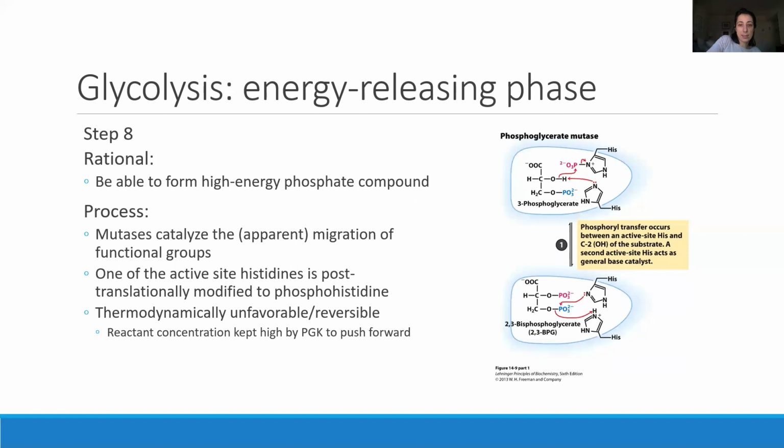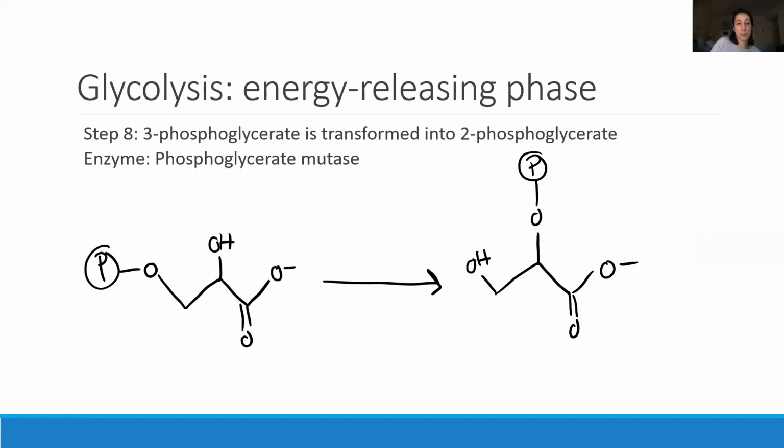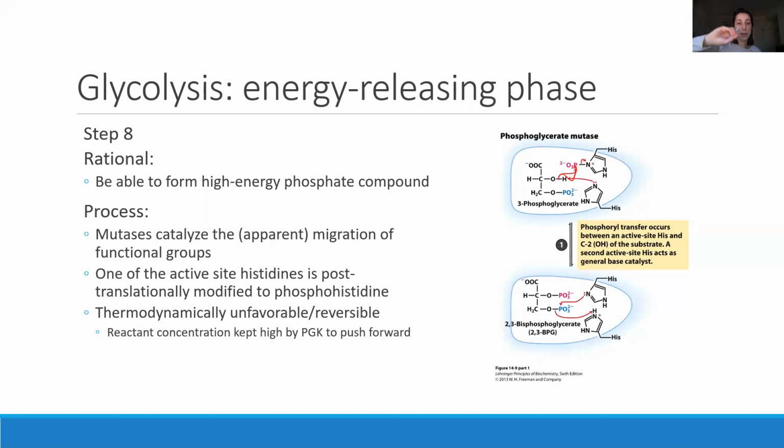So you can see this is going to temporarily modify that histidine to a phosphohistidine by taking the phosphate, moving it onto the histidine, and then you have the movement between where we're taking the phosphate off and moving it onto the other position, on position 2 instead of position 3. So we're kind of like moving a phosphate on and off of a histidine, making a phosphohistidine in between.